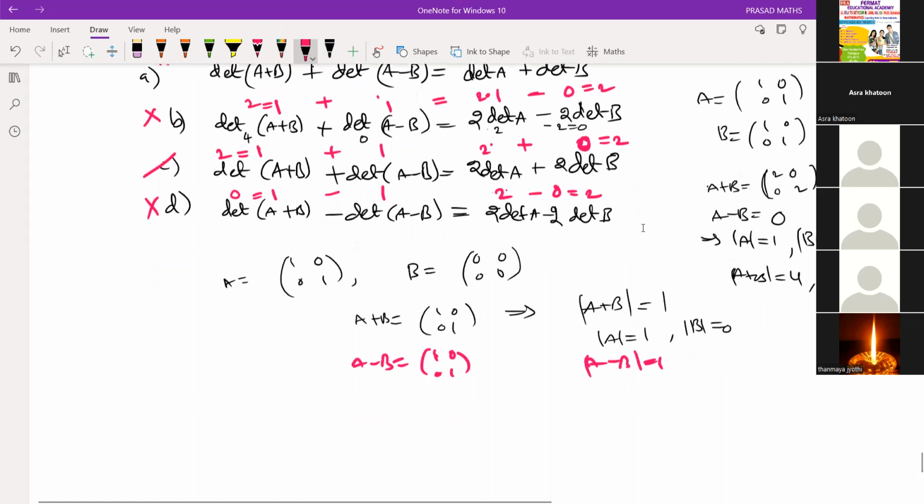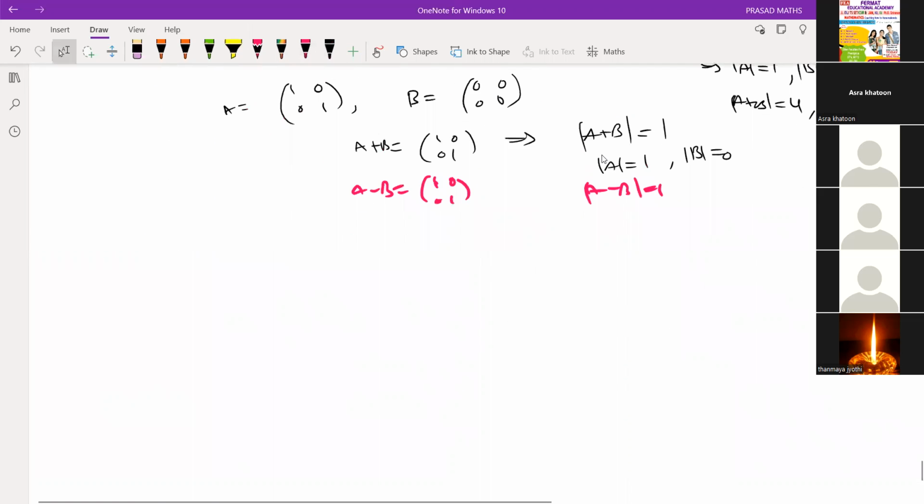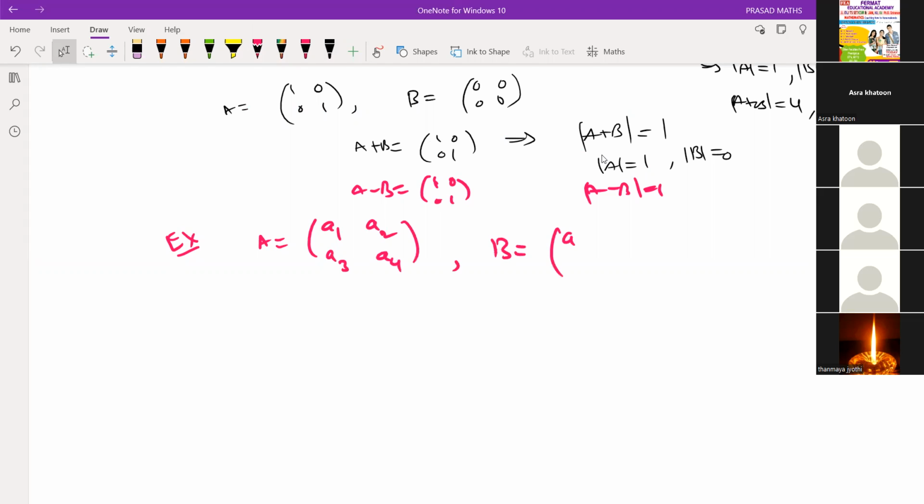But what is the straightforward method? It's an exercise; you can do it simply. You can take A equal to [A1 A2; A3 A4] and B equal to [B1 B2; B3 B4]. Now what is my det A? It is A1 A4 minus A2 A3.